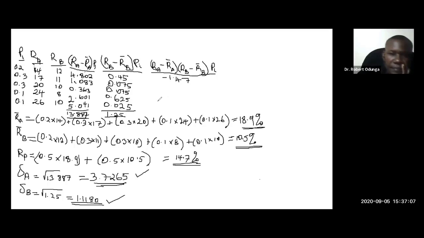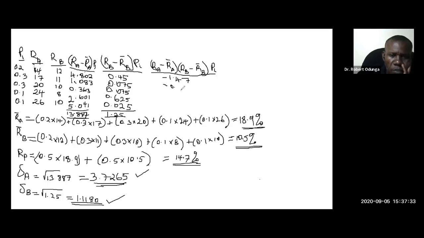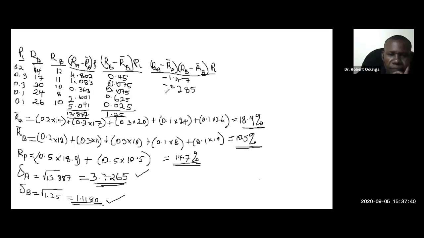What do you get? Negative 0.285. Negative 0.285. The next one, the third one.